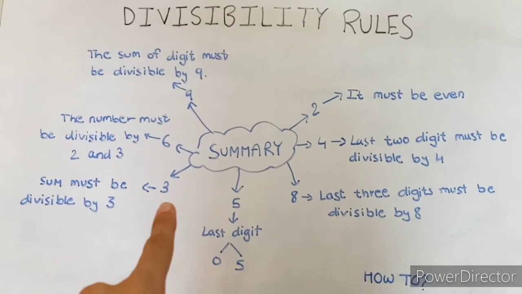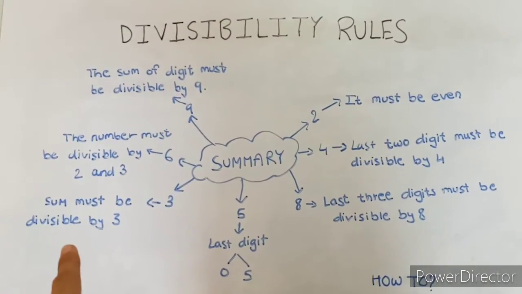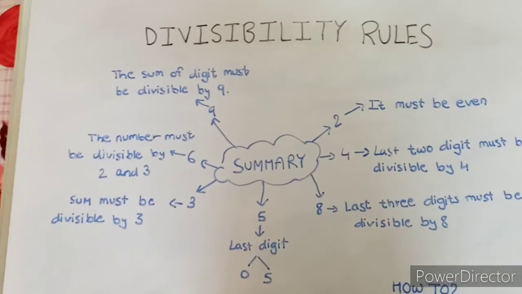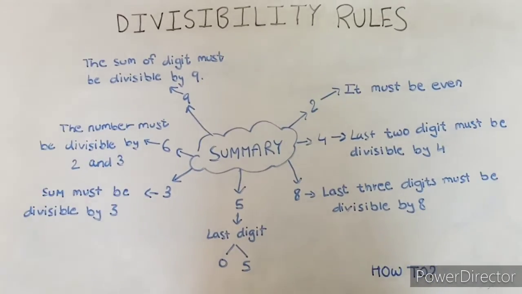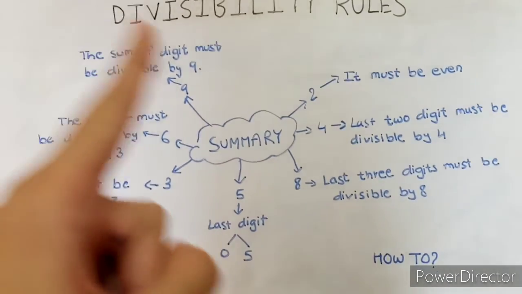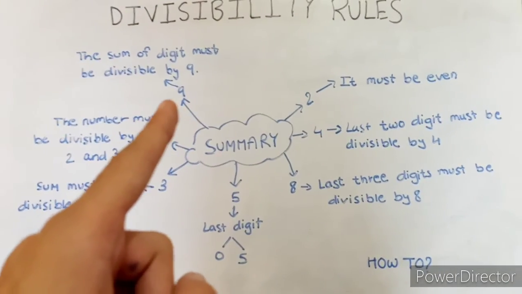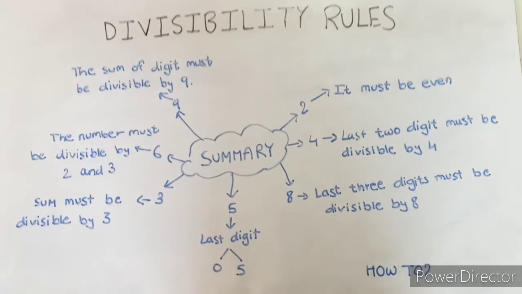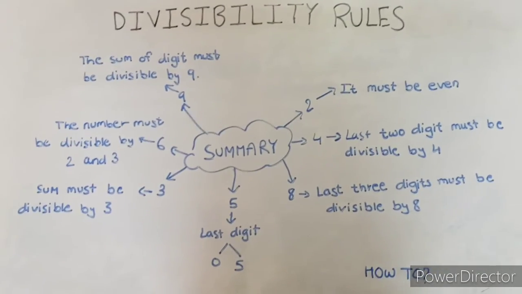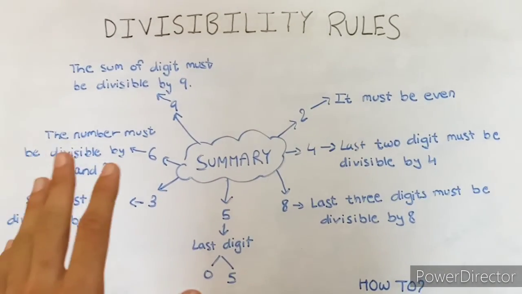Then the rule for 3: the sum of the digits must be divisible by 3. Then for 6: the number must be divisible by 2 and 3 both. And the last one we saw was for 9: the sum of the digits of the number must be divisible by 9. So friends, these were some divisibility rules.